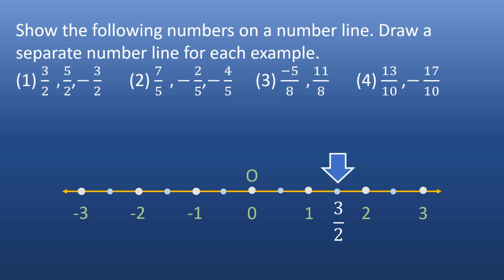Similarly, mark fifth point on right side of the origin as 5 by 2. Mark third point on left side of the origin as minus 3 by 2. Note that negative sign indicates that the point is on left side of the origin.